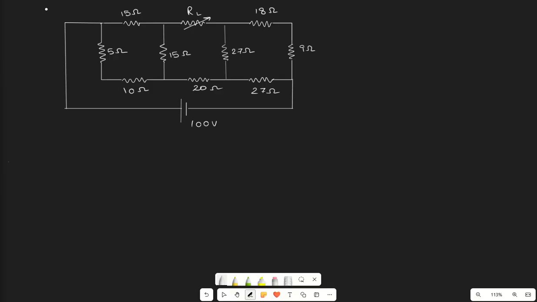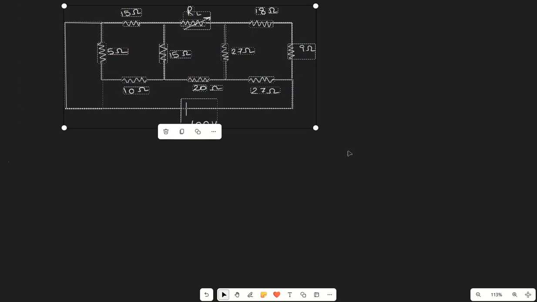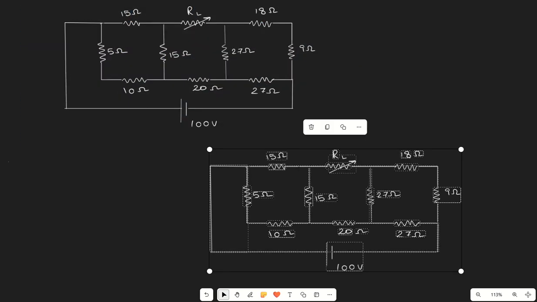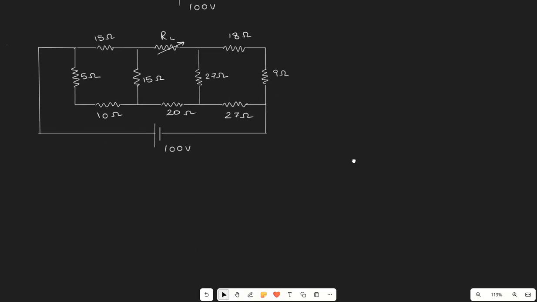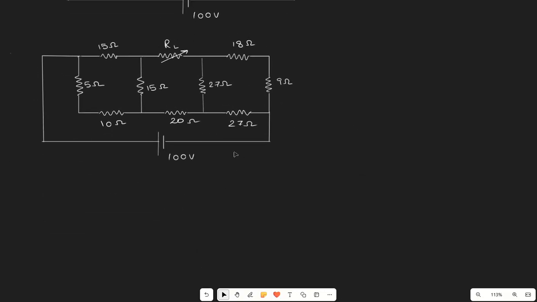Let me first take one more copy of the circuit. What we have to do here is determine VTH and RTH.